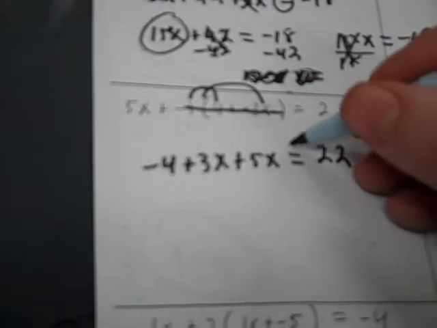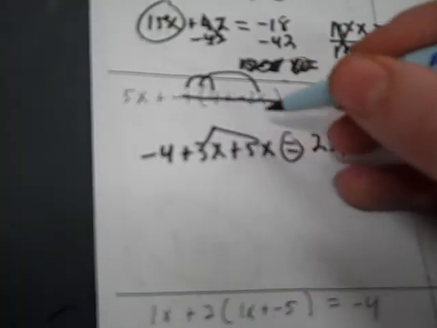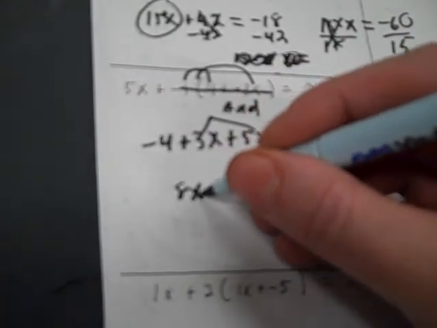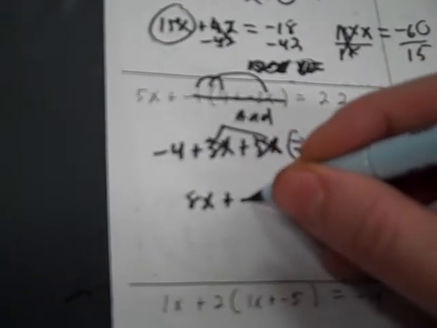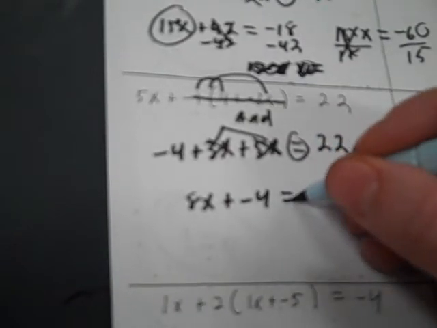Here are my x's. They're on the same side, so I write add and make my adding pyramid. 3 plus 5 is 8, so 8x, and then cross out those x's. Now before equals, we had negative 4. You can't forget about other things before you write equals 22.